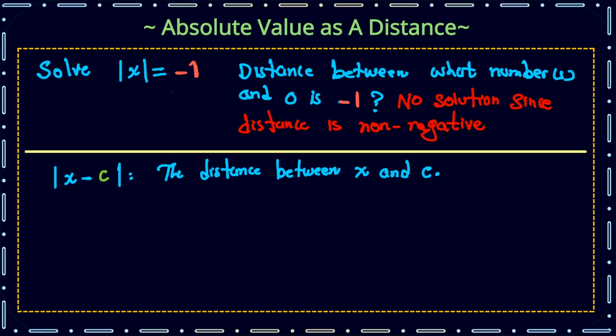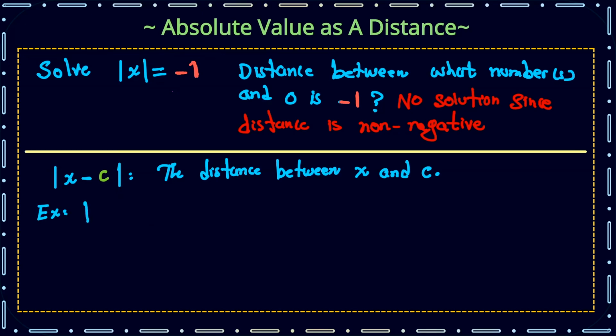The distance between 5 and 3 is 2. To ensure that the outcome is non-negative, we use absolute value. A difference calculates how far apart two things are, and absolute value tells you that the outcome should be non-negative.